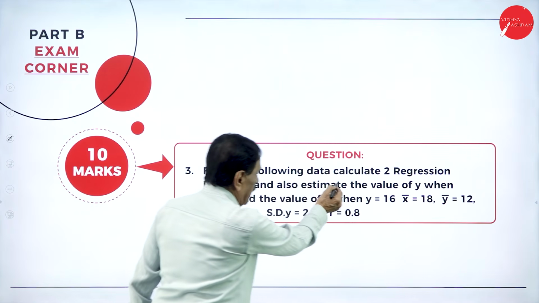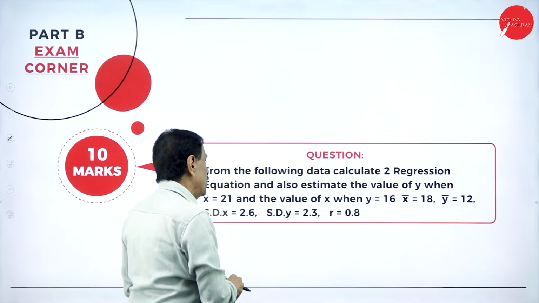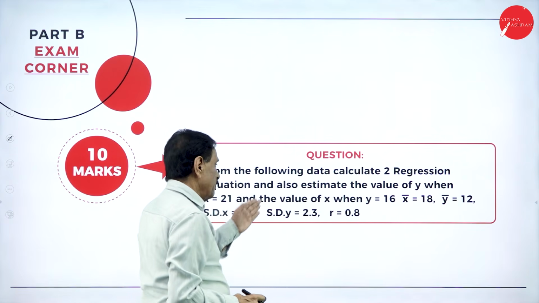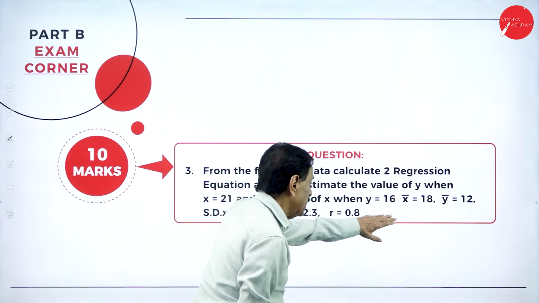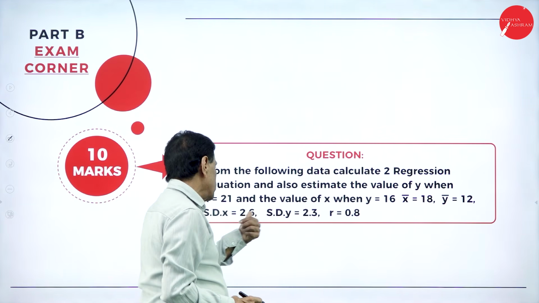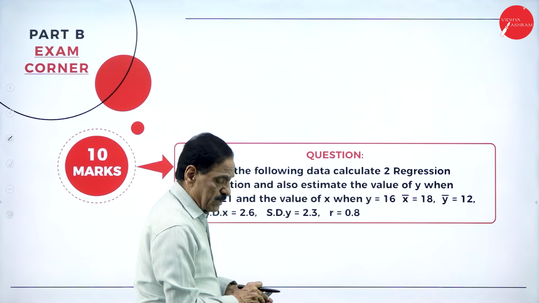From the following data, calculate two regression equations and also estimate the value of y when x is 21 and the value of x when y is 16. Mean x, mean y, standard deviation x, standard deviation y, r is given.